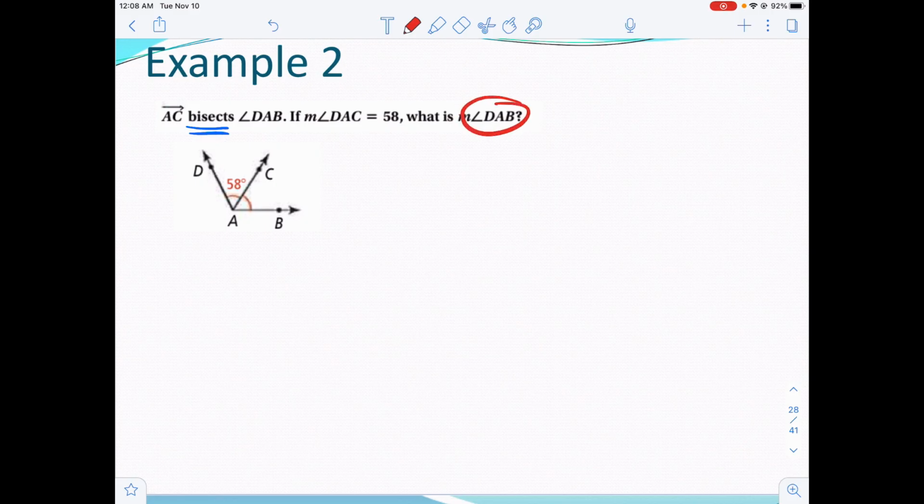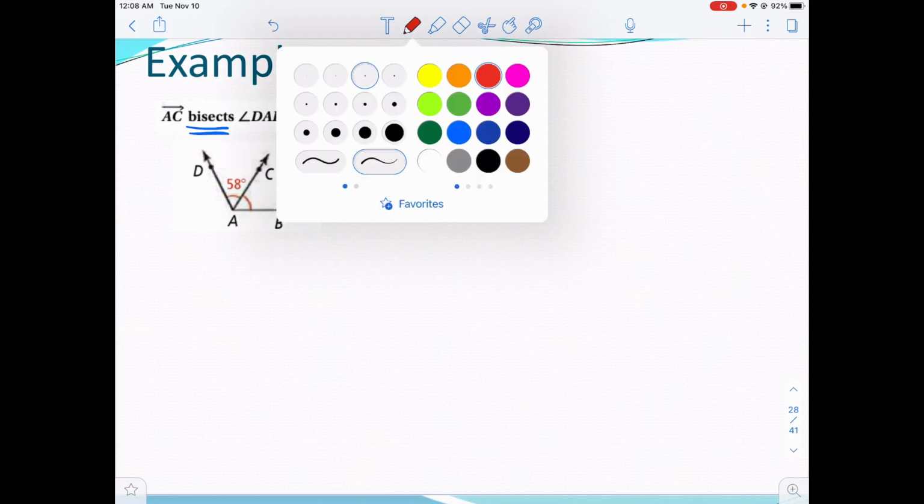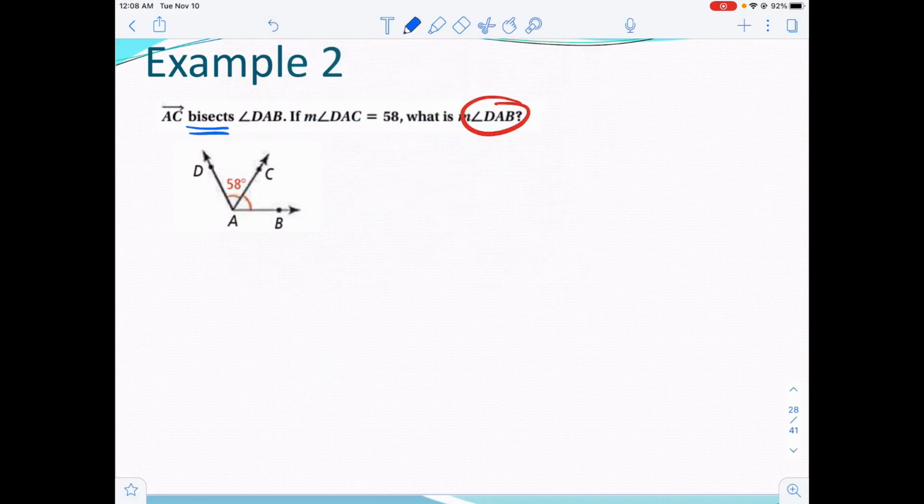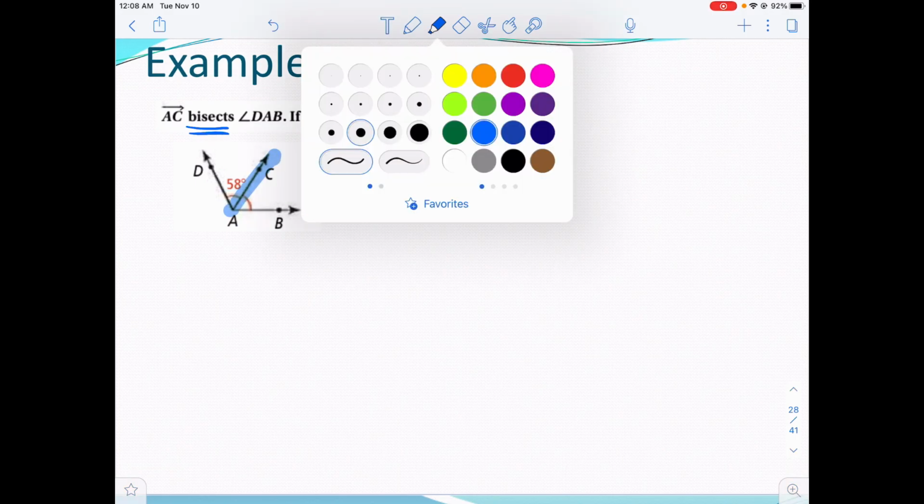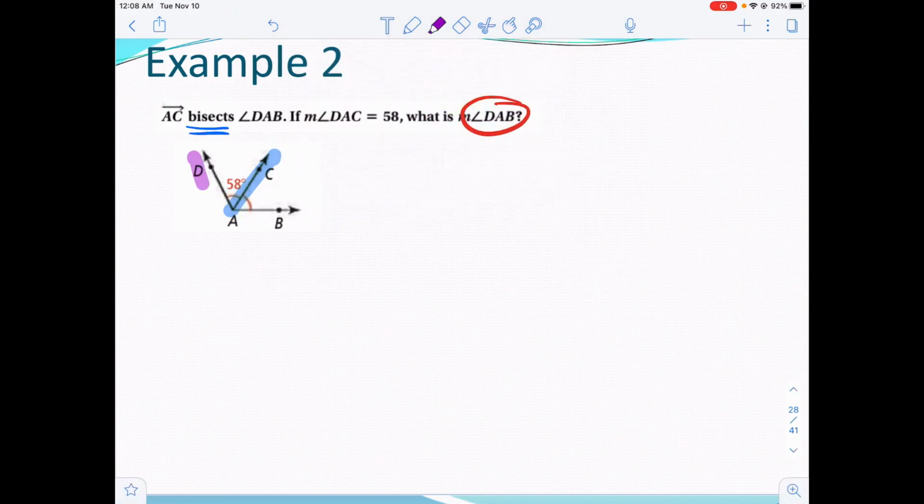Okay, so bisects. We are familiar with that word because back, I don't even know when, we talked about segment bisector and what bisect means. It means to cut in half. So that's what it's saying, that the ray, which ray? This ray, is bisecting our angle DAB, which is this angle here.